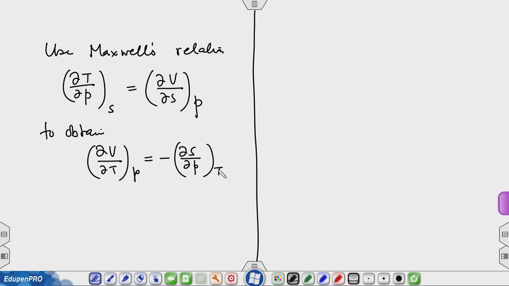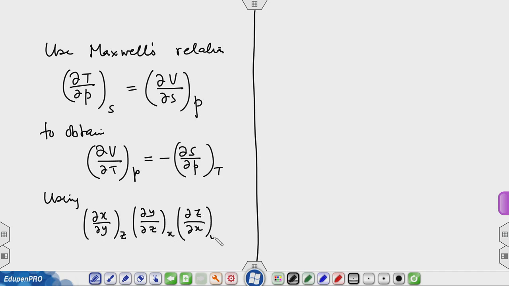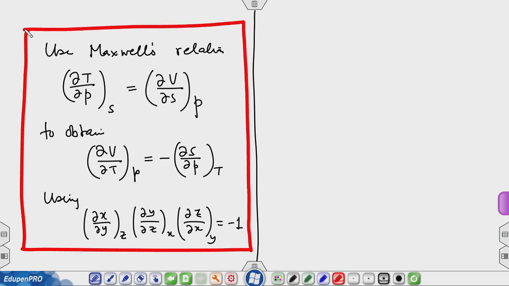But right now, what I want you to do is use the relationship derived earlier, partial x partial y at z, partial y partial z at x, partial z partial x at y equals minus 1. So I'd like you to obtain this, and I'm now going to use this to solve a problem. As I said earlier, later using a different thermodynamic potential, I'll get this relationship also.